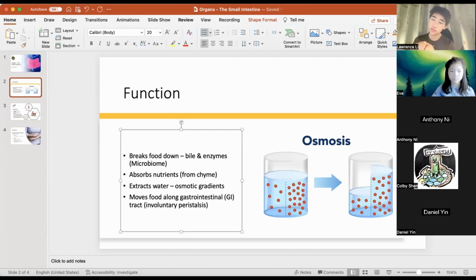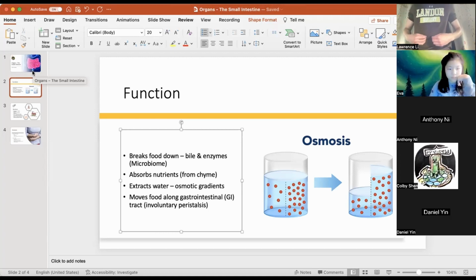Doesn't the liver come after the small intestine? No. The large intestine comes after the small intestine. Colby, could you re-ask your question? I don't really get what it is. Okay, so the small intestine sits right here, and it comes right after your stomach.